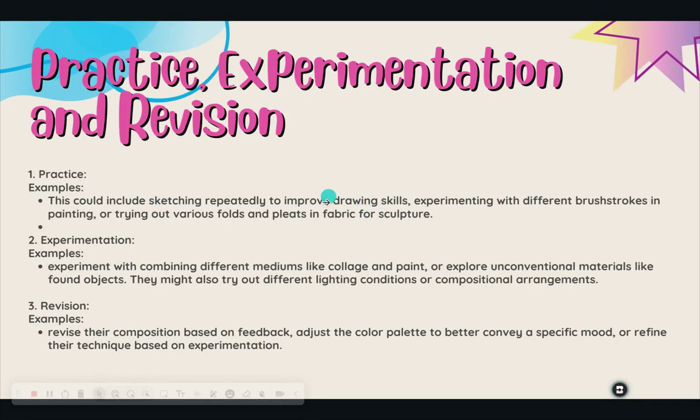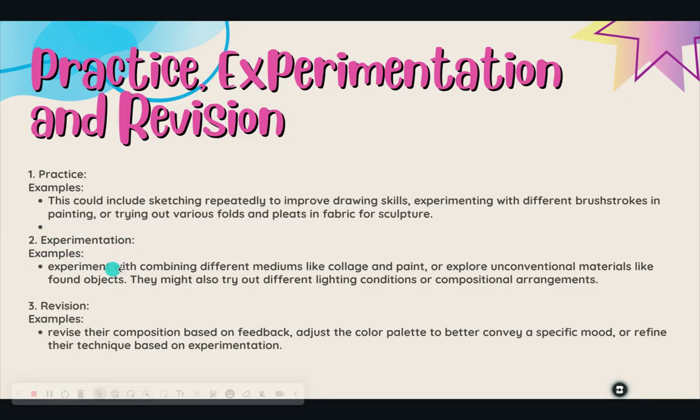This isn't an example particular to this project, but just an example in general. But in this project, you could practice different sketches and show you practicing with the material that you've chosen.